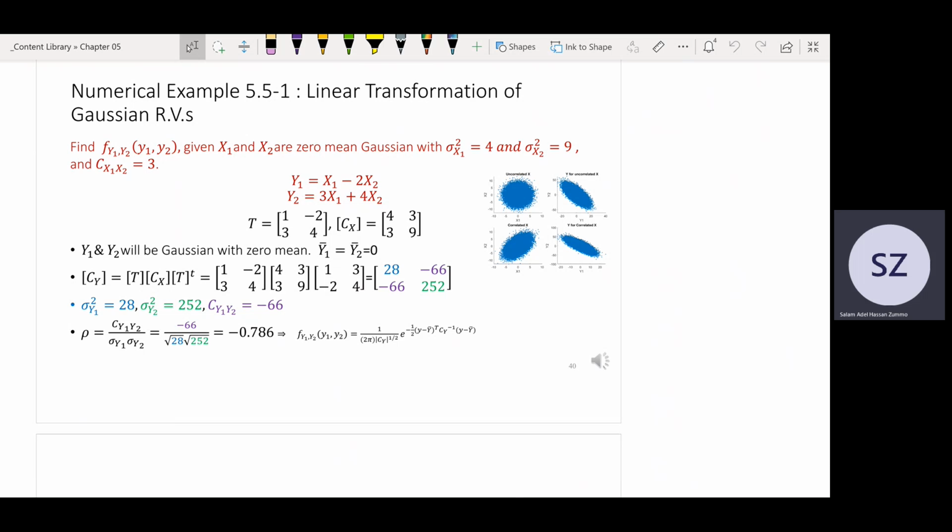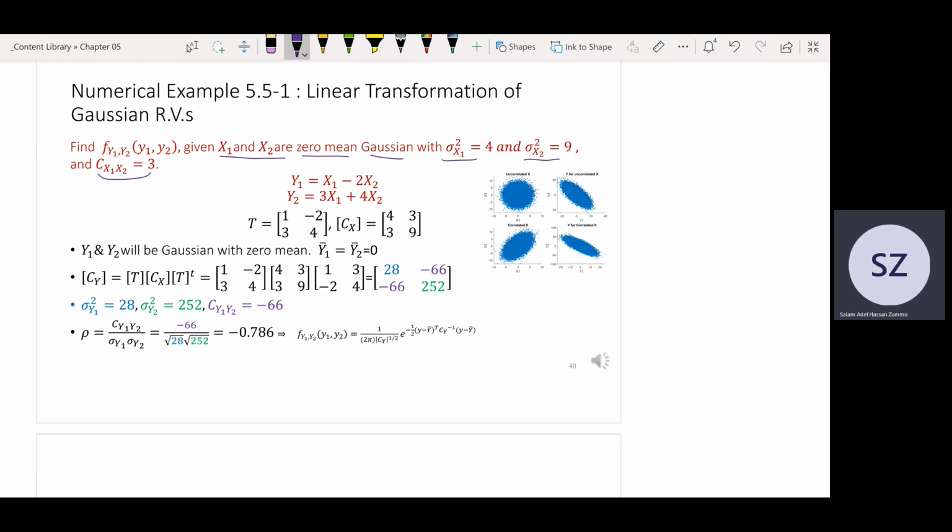We have here the question we are interested in. x1 and x2 are zero-mean Gaussian random variables, both with zero mean, and the variances are given. The covariance between x1 and x2 is also given.